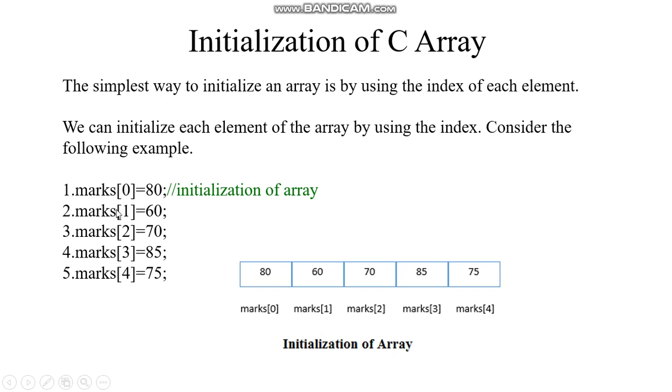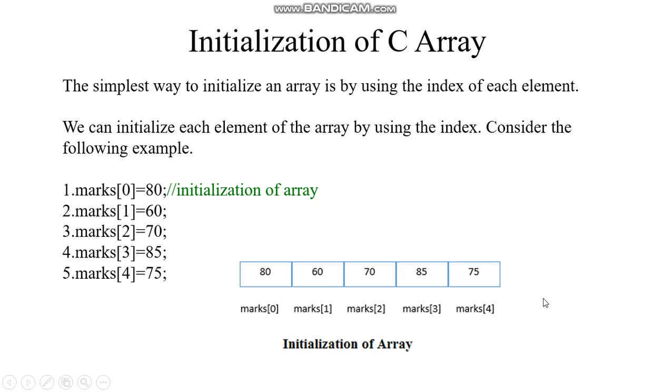Elements can be initialized individually in separate statements like this. This is one form of initialization, but it seems a little difficult. Here marks is the array name, followed by the index value enclosed in square brackets, then the equal to operator is used to initialize the value, and the constant is given here. This is how the 5 elements are placed in memory in a sequence of memory locations.